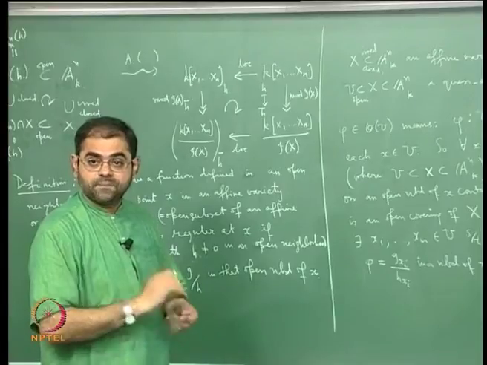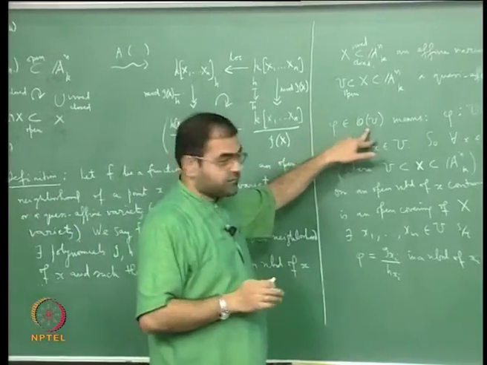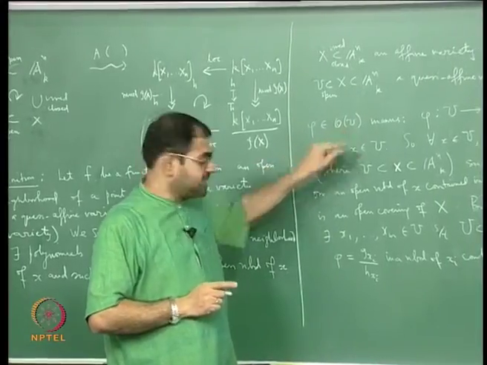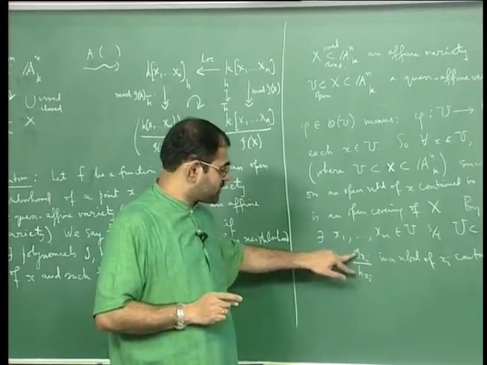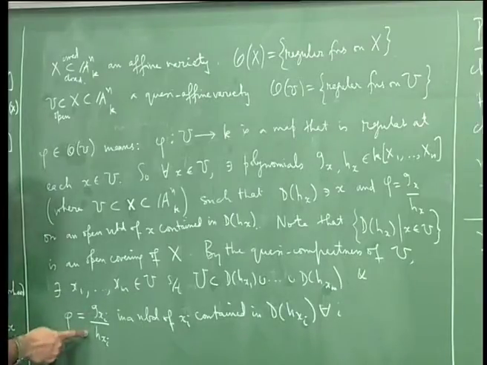So what it means is, when you say that you have a regular function, you are actually taking quotients of polynomials, finitely many such quotients, such that these quotients agree on the intersections.